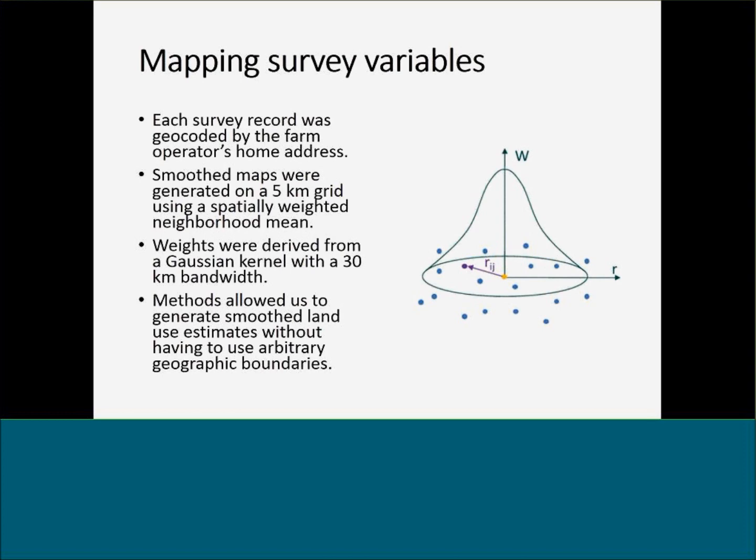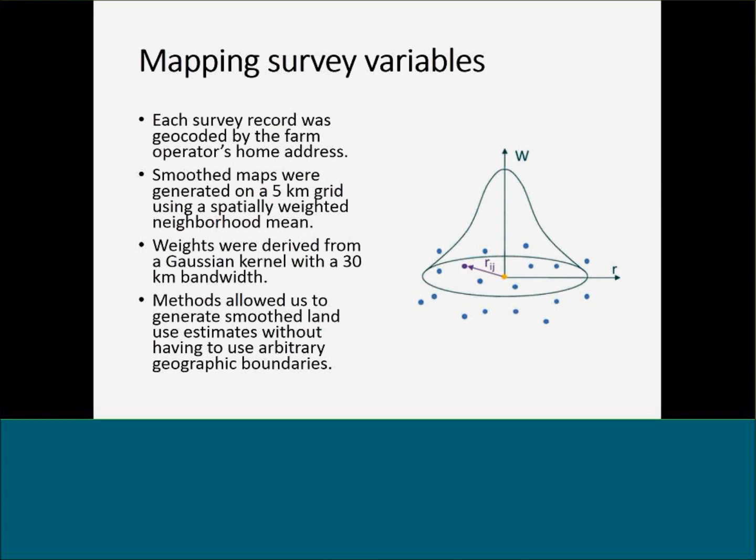And we figured out a way to do this by developing smooth maps. Each survey record that we had was coded by the home address of the farm operator. So what we did is we used what's called a Gaussian kernel, which you see that little hat-like thing on the right, to generate smooth maps with a weighted neighborhood mean.